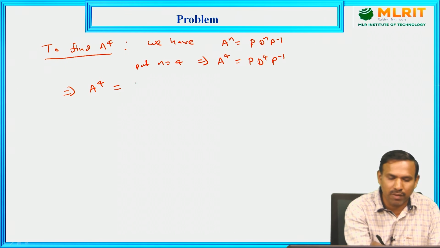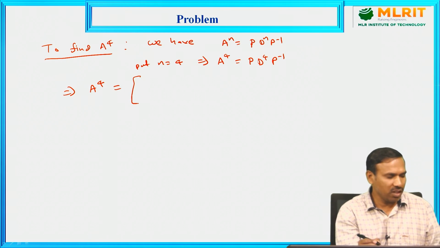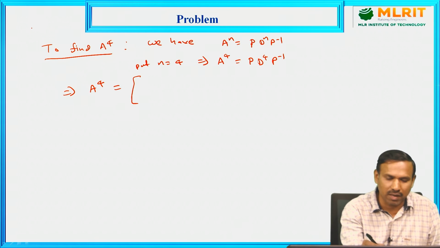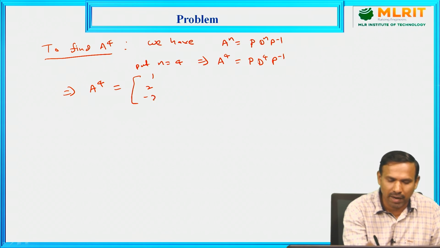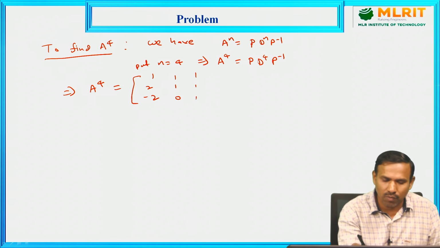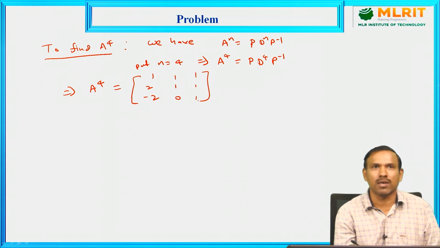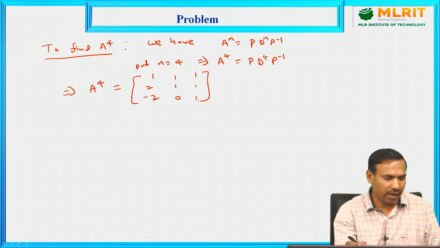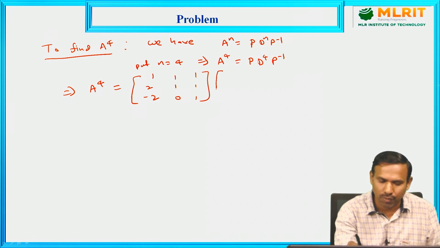A power 4 is equal to P into D power 4 into P inverse. P is the model matrix, which contains all the eigenvectors: 1, 2, minus 2, next 1, 1, 0, 1, 1, 1. In the earlier slide we wrote the model matrix P. Next, D power 4. What is the diagonal matrix?